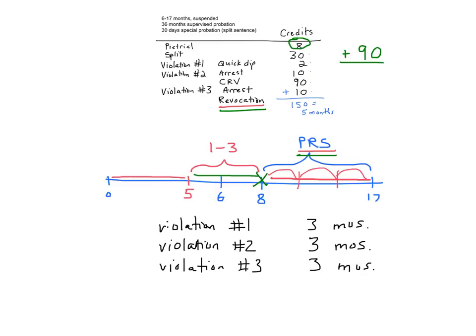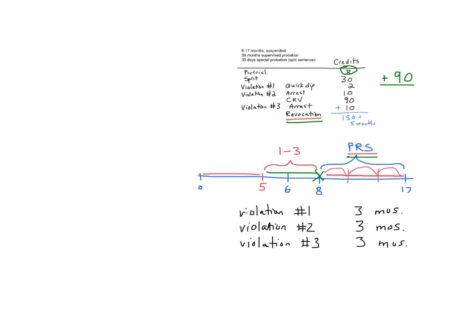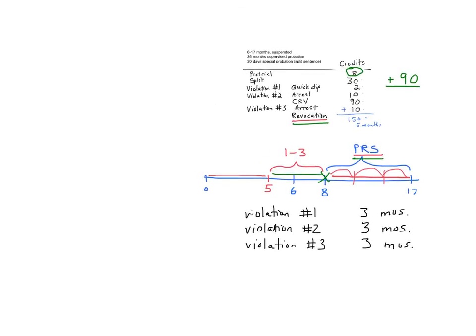So finally, to take a step back for a second, you can see that this is a very different process than what would have existed before justice reinvestment. First of all, for this Class H felony, there wouldn't have been any post-release supervision at all. There was no post-release supervision for Class F through I felons, and so this sentence for this defendant wouldn't have been 6 to 17, it would have been a 6 to 8 month sentence.